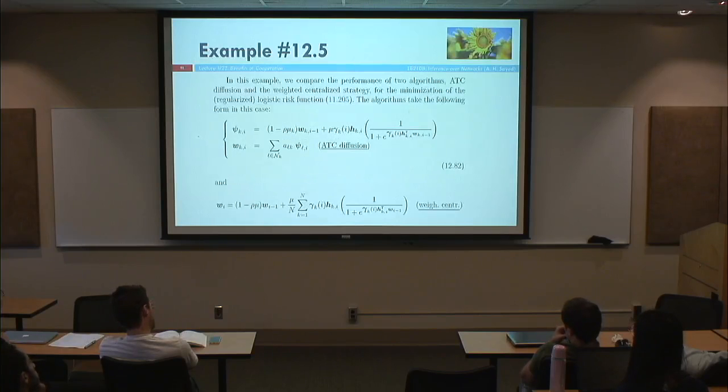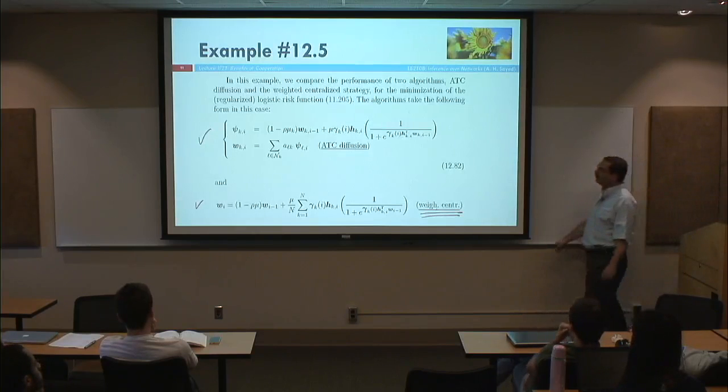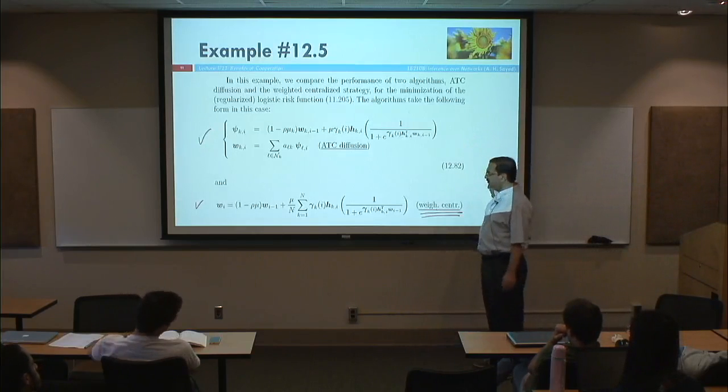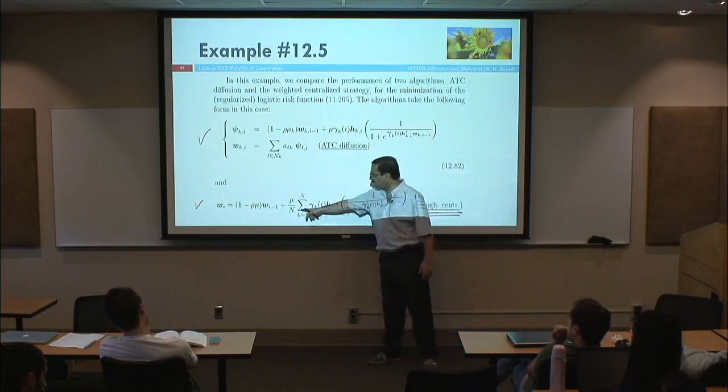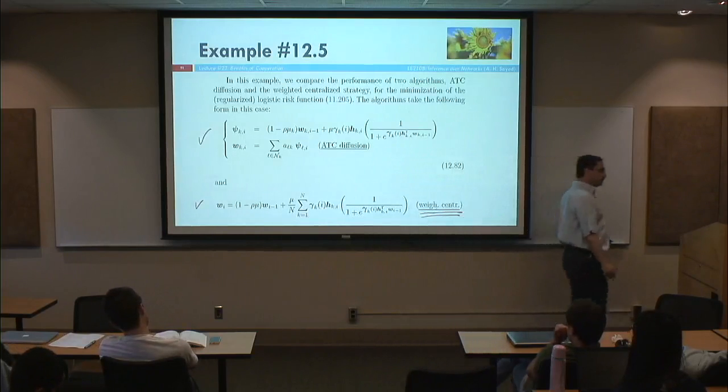I run diffusion. This is logistic diffusion, so the agents are solving a logistic regression problem. And here I'm running a weighted centralized solution. In this case, the Hastings rule in the learning problem is the Metropolis rule. So it's doubly stochastic.